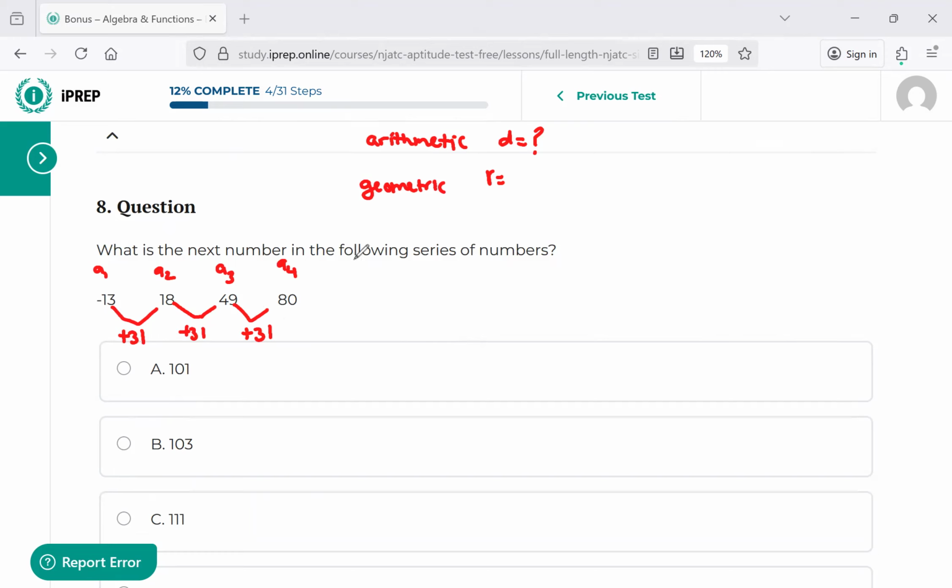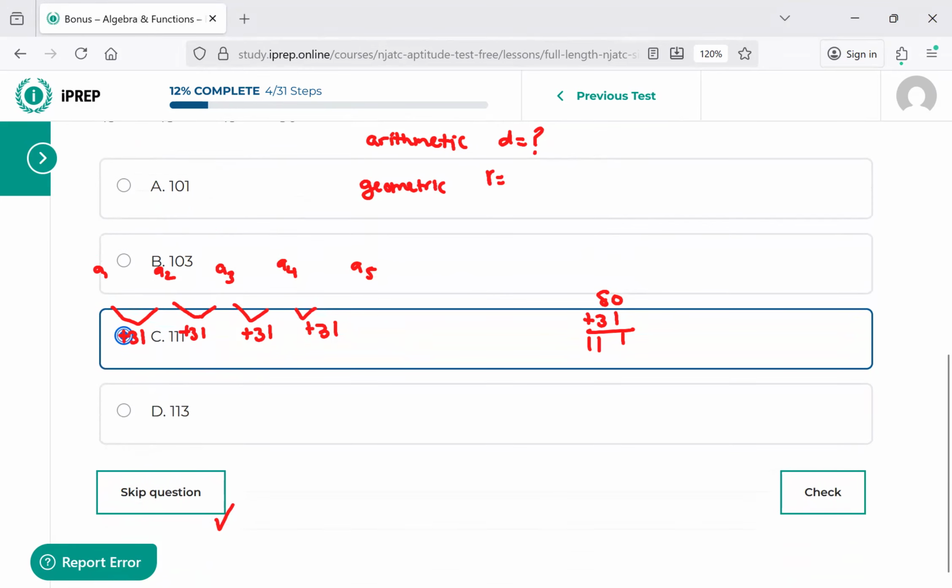That means for the fifth term, all you have to do is add 31. So what's 80 plus 31 without a calculator? It would be 111. So it would definitely be C. Okay, that one's the easy one. They can get really sophisticated sometimes. Let's try the next one.